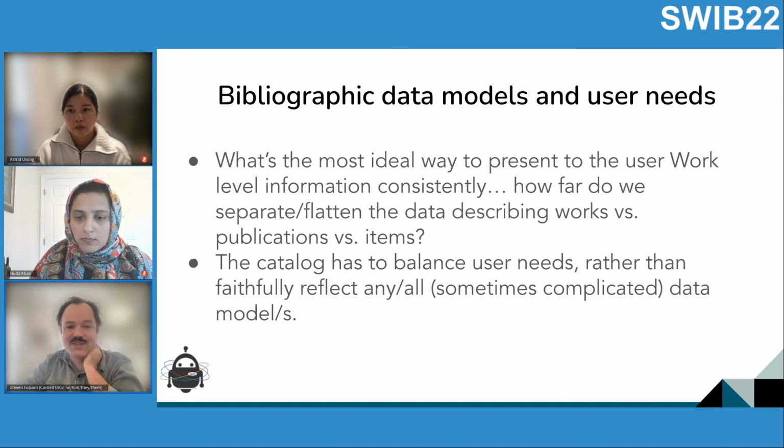For the data models themselves, it's important to point out that we're still working through how best to show the user work-level information. We tend to come from a publication level, and based on studies and how we've experienced other systems, we can feel pretty confident that we don't want to force a complete separation of entities that often don't make sense on their own. They require some sort of flattening of the data model for the user.